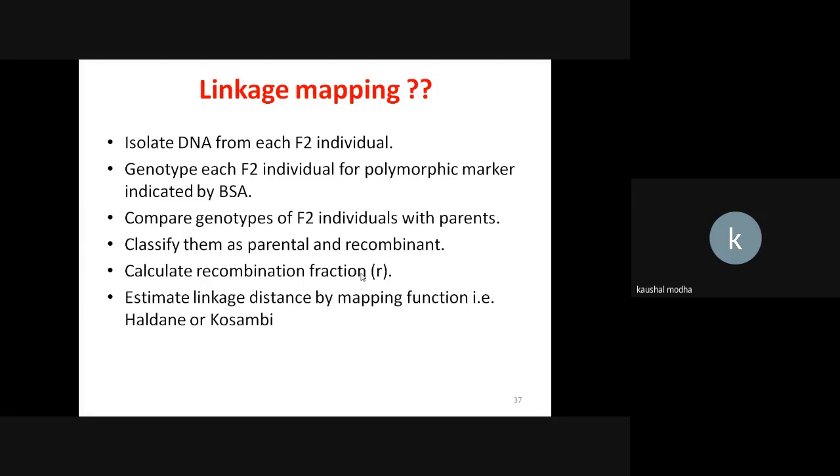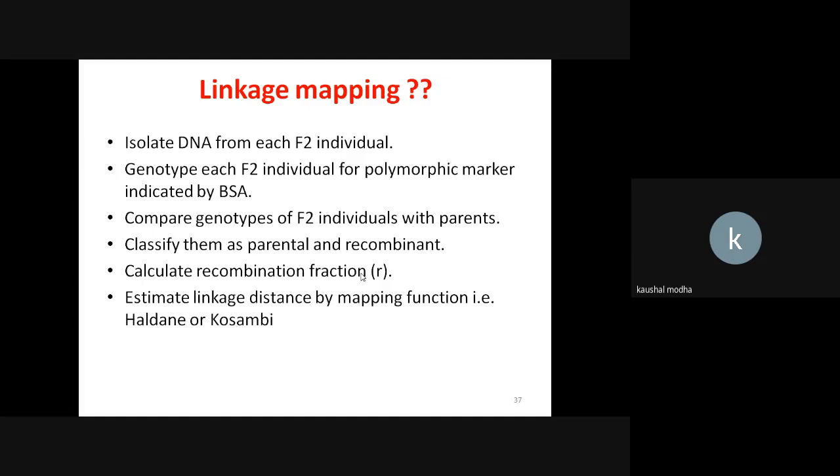So for that, after conducting BSA, we isolate DNA from each F2 individual. If you have 200 individuals, from which you made bulks of, let us say, 15 resistant and 15 susceptible individuals, then we isolate DNA from all these 200 individuals for linkage mapping.